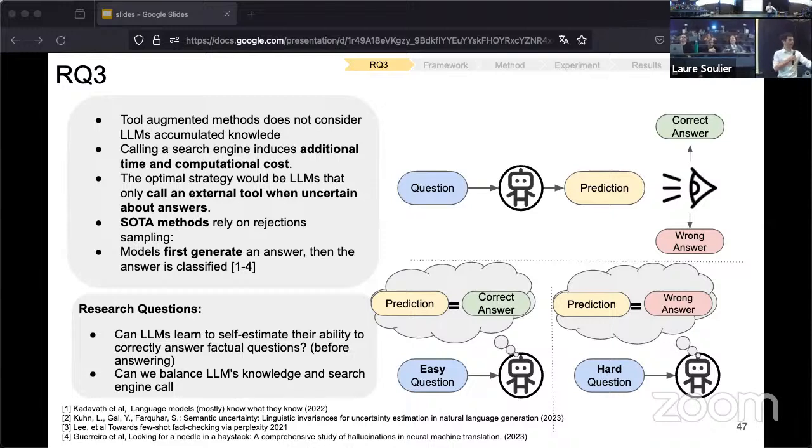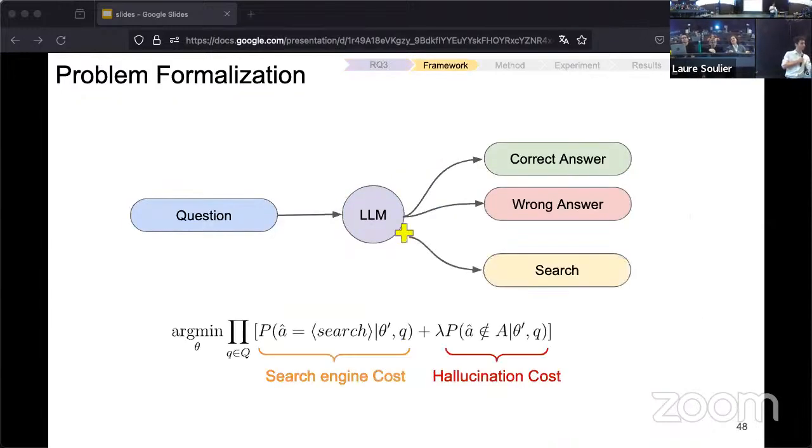Yeah, the way we frame the problem is that basically we consider that searching through an external database induces additional costs. So we want to take that into consideration, but also hallucinations induce a cost because we don't want the model to hallucinate.